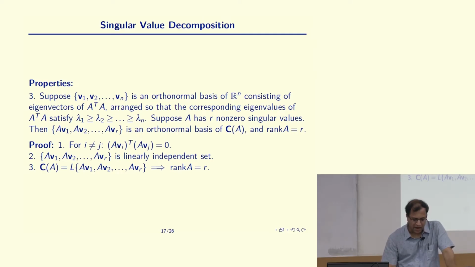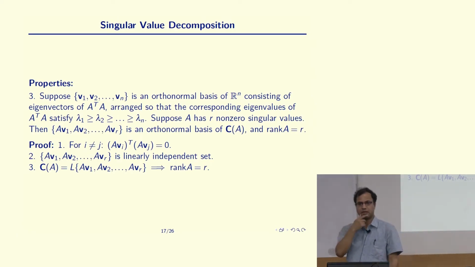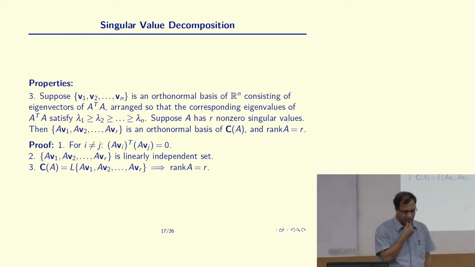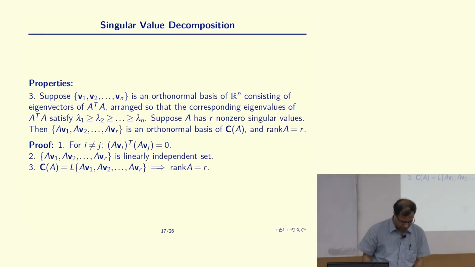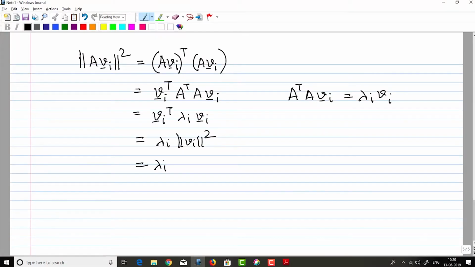Suppose A has r non-zero singular values, then this set AV1, AV2, AVr is an orthonormal basis of the column space of the matrix A, and the rank of the matrix A is r. So basically, you have to go back to that picture, finding this V1, V2, Vr.